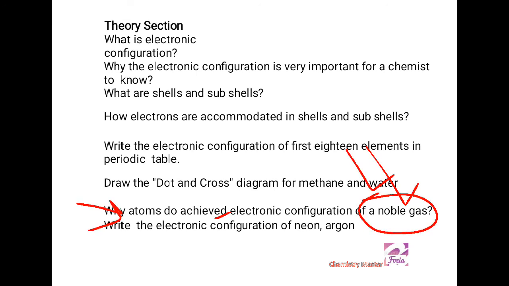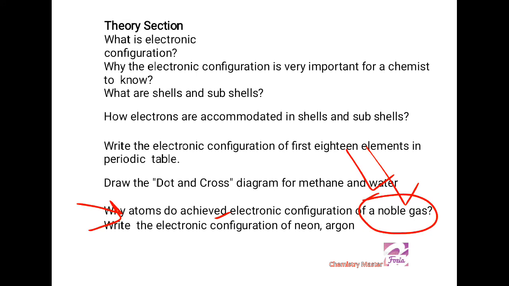And all other elements which do not have completely filled orbits try to get them filled either by taking electrons or by giving electrons, or sometimes they start sharing electrons between them just to be noble, like neon, argon and so on.